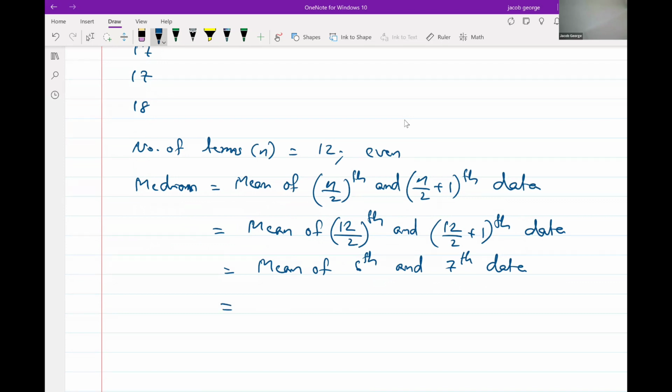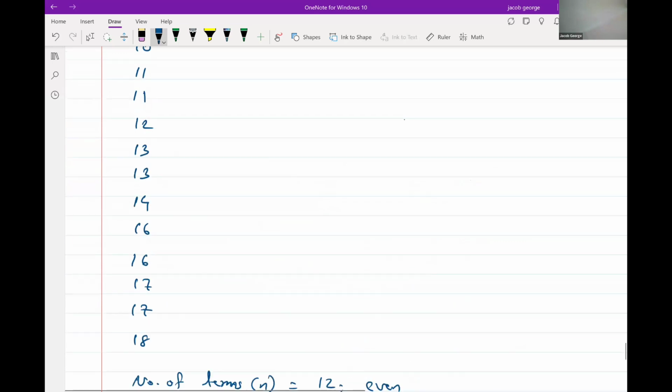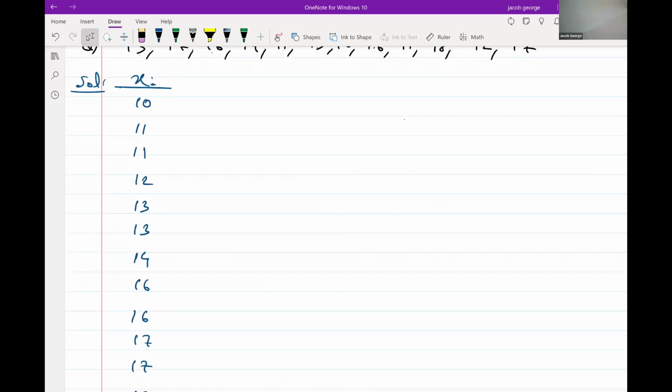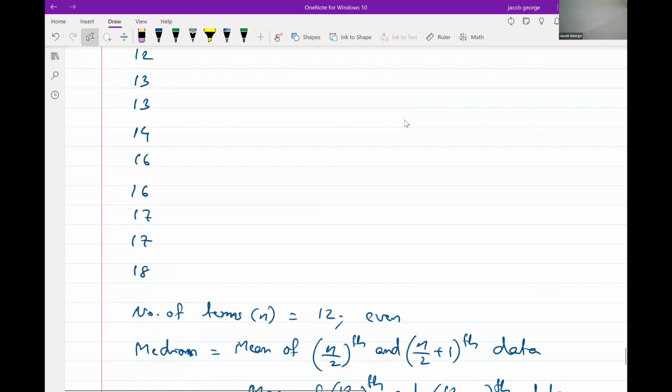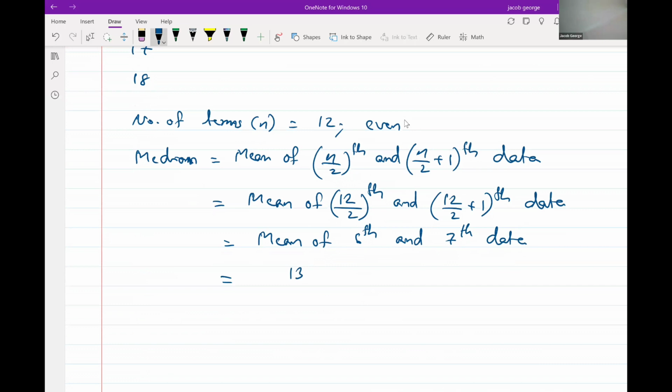It's not 6 plus 7 by 2. Instead, the 6th term. What is the 6th term? Count the 6th term. 1, 2, 3, 4, 5, 6. 6th term is 13. 7th term is 14. So 13 plus 14 by 2. Clear? 6th term is 13. 7th term is 14. They are the mean.